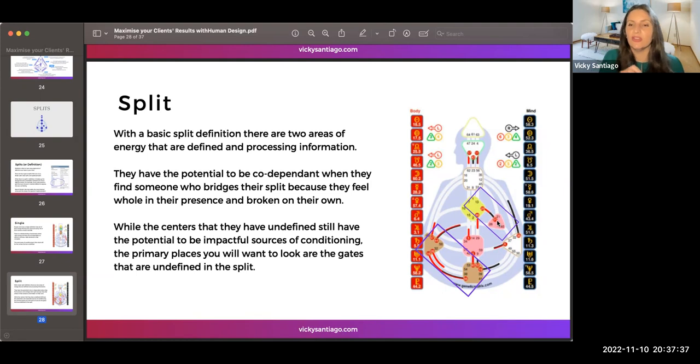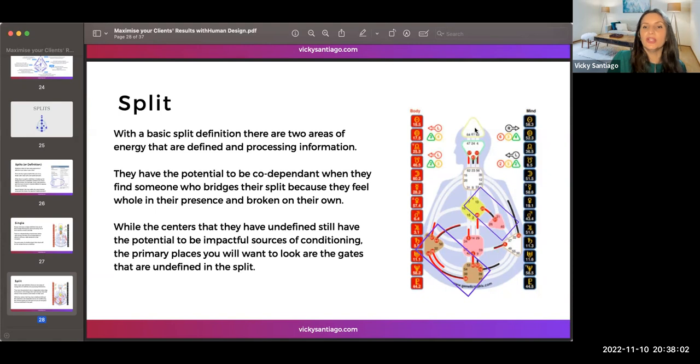So as you can see though, because there's one person with this gate, when you're with that person and suddenly you feel whole, you can see why somebody could start to feel codependent with that person, right? So that's where you will want to do some of the work with them about understanding their own sense of self-worth and knowing that they don't need just this one person to be whole.